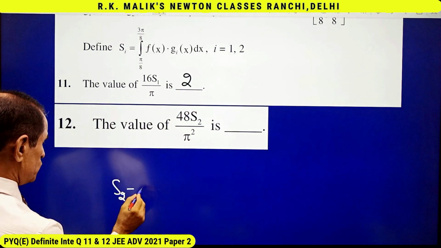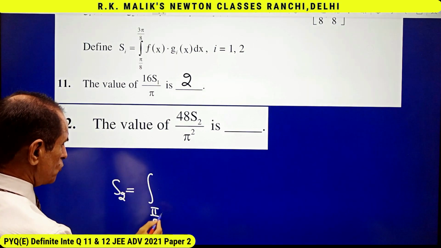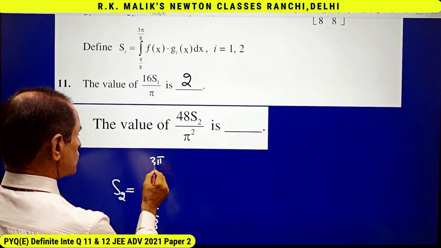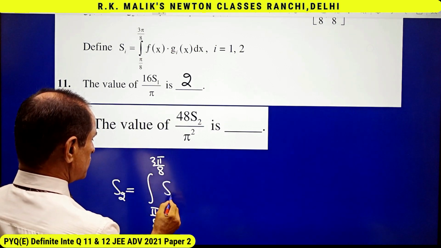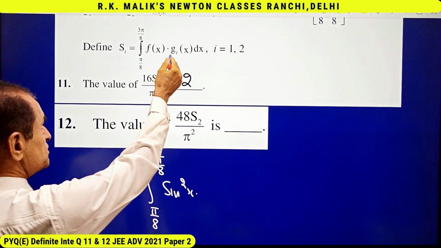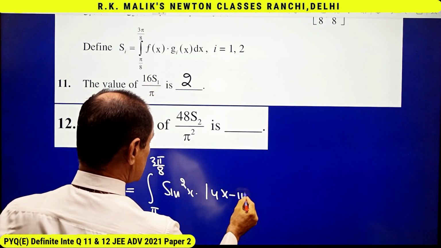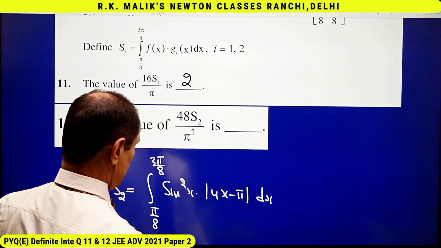Let us find S2. It is the integral from pi by 8 to 3 pi by 8 of sin square x into g2(x), which is mod of 4x minus pi, dx.